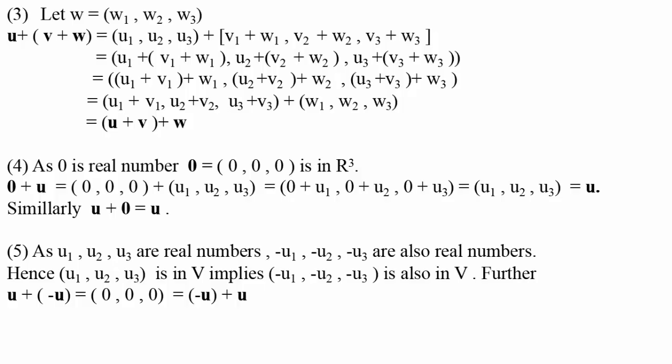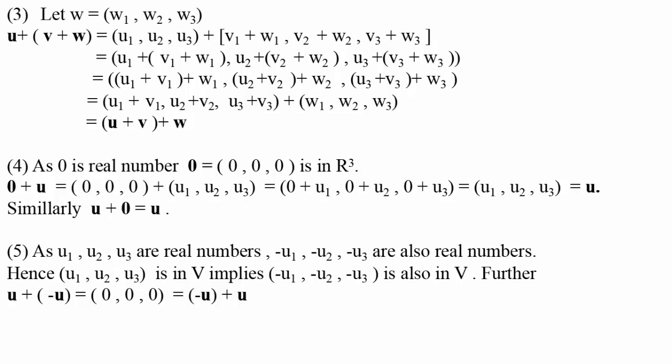Therefore, as u1, u2, u3 are real numbers, there must exist minus u1, minus u2, minus u3 in the set of real numbers R, such that u1 plus minus u1 equal to 0, u2 plus minus u2 equal to 0, and u3 plus minus u3 equal to 0.